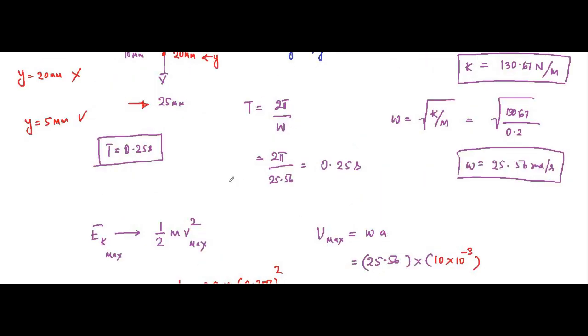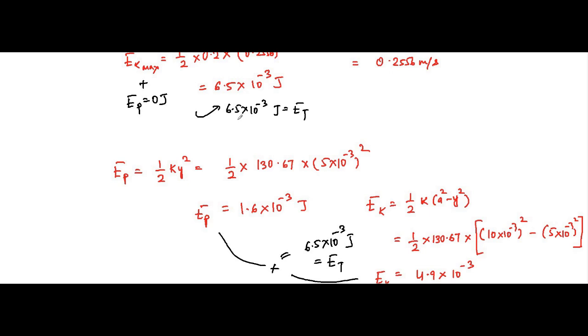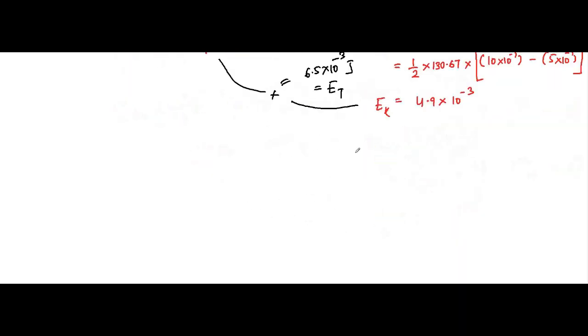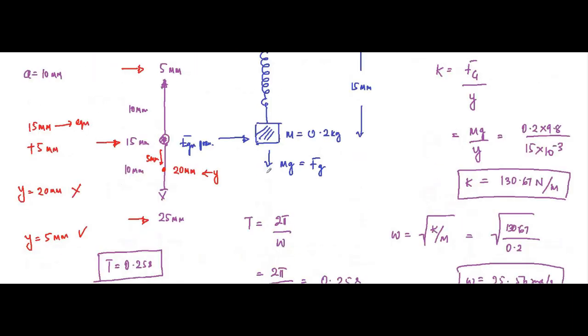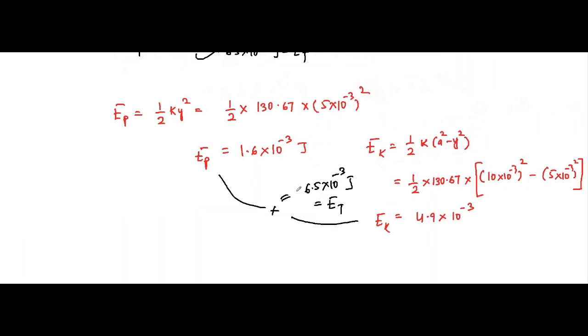So when the kinetic energy was maximum, the total energy was 6.5 into 10 to the power minus 3 joule, and at the instantaneous position from the SHM point of view, 5 into 10 to the power minus 3 meter, 5 millimeter below the equilibrium at the 20 millimeter position, it is also the same.